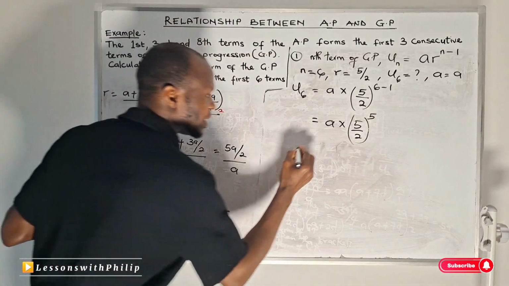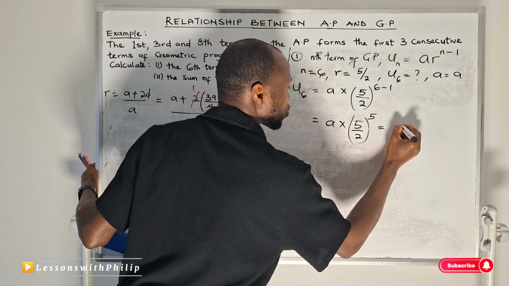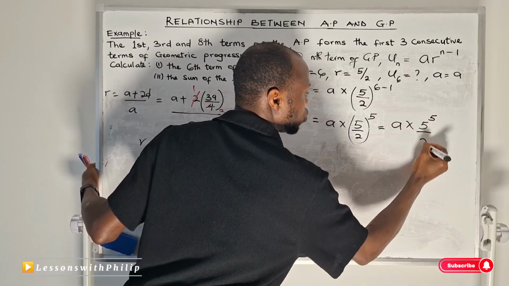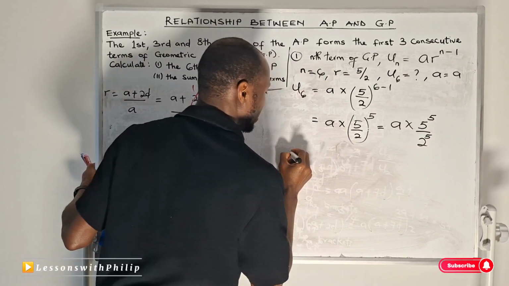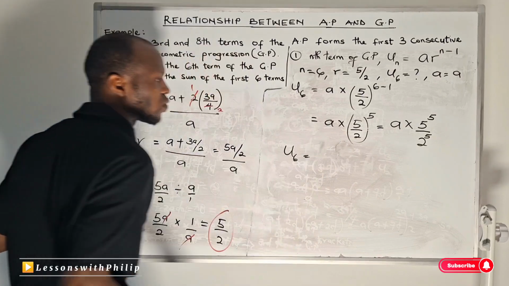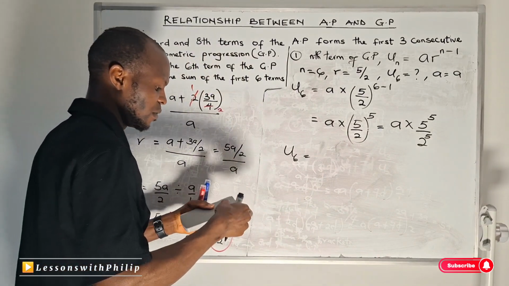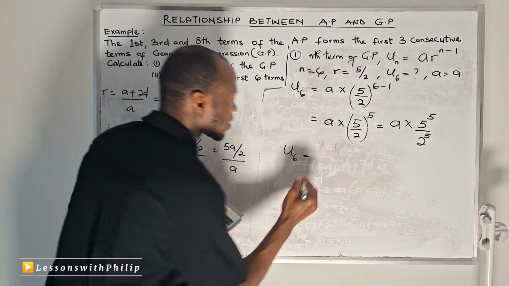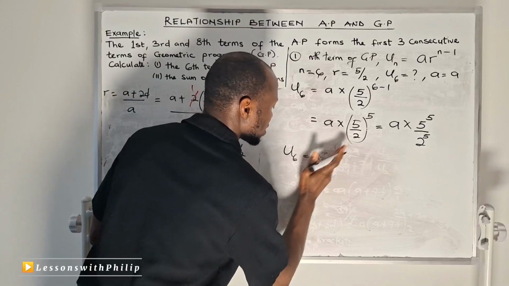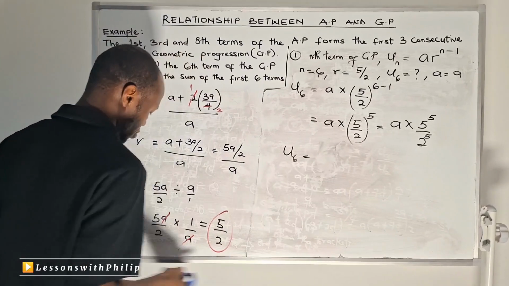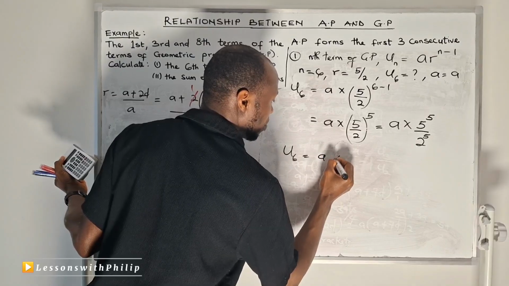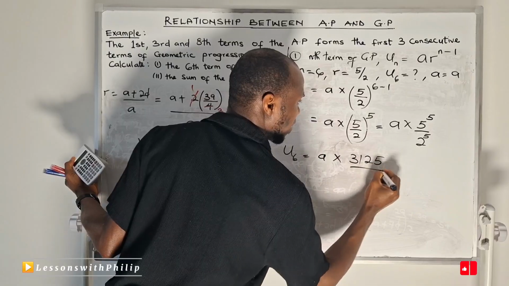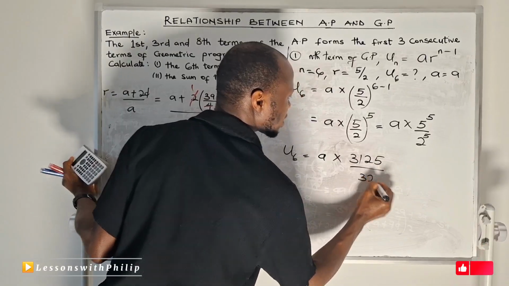Do you get it? This our sixth term will be equal to a multiplied by 5 raised to power 5 divided by 2 raised to power 5. 5 to the power 5 will give us 3125. So our sixth term will be a multiplied by 3125 divided by 2 raised to power 5, which should be 32.